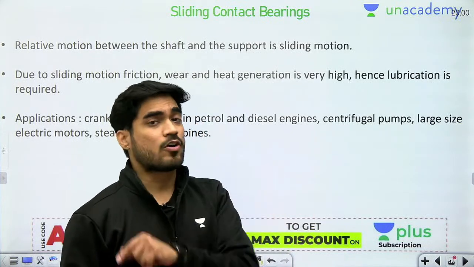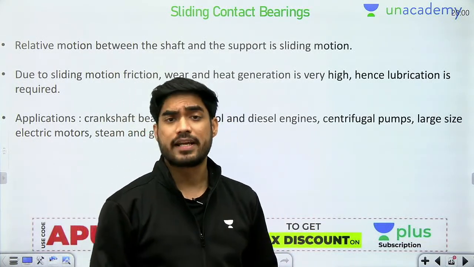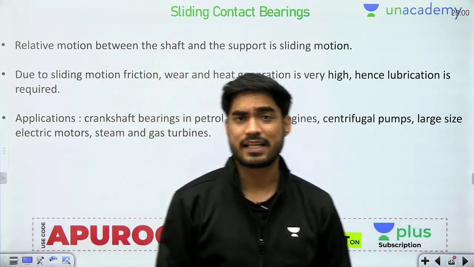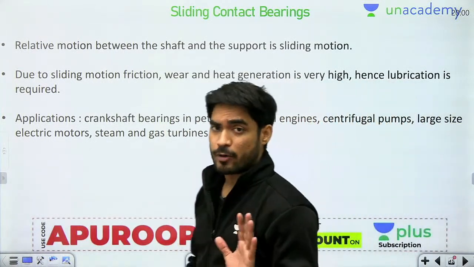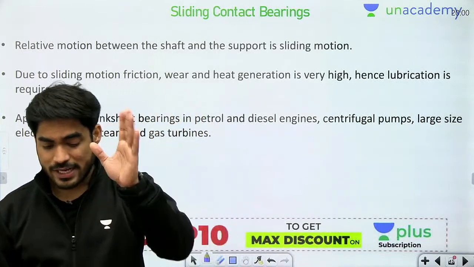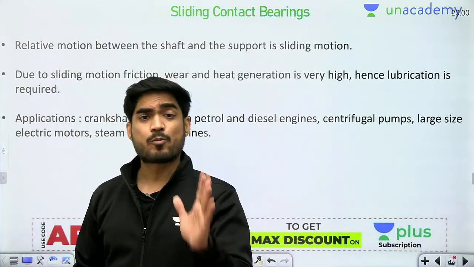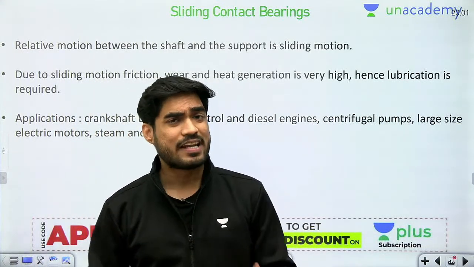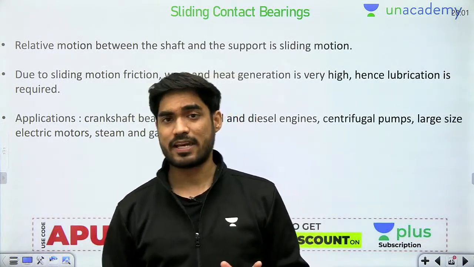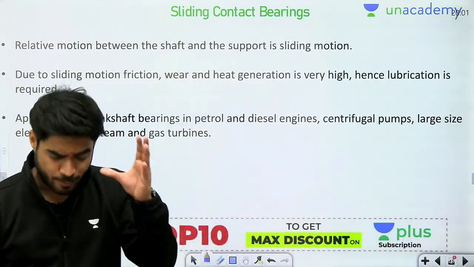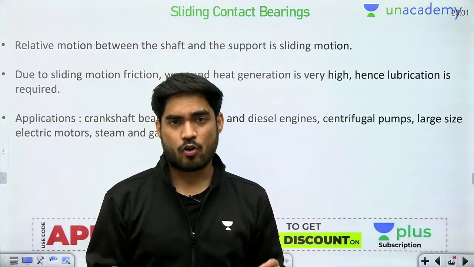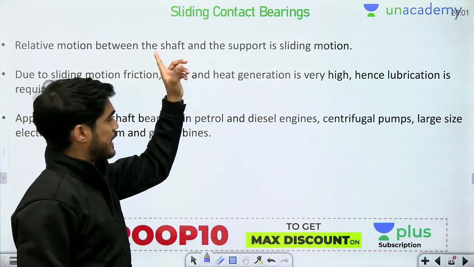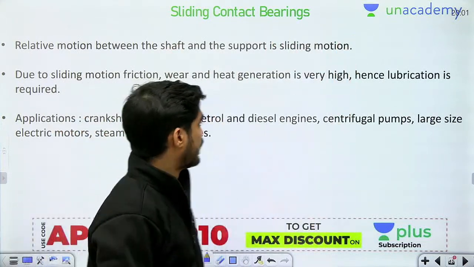In rolling contact bearing we did not talk about lubrication, but in case of sliding contact bearing we are going to talk about lubrication. Lubrication is very important here because without proper lubrication there will be very high friction losses. Lubrication plays a major role in the design of sliding contact bearing.